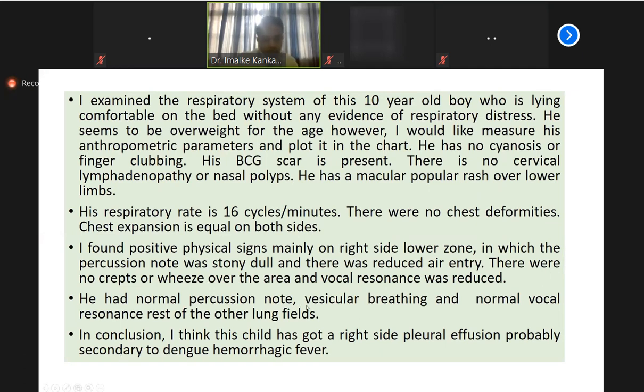He had normal percussion note, vesicular breathing, and normal vocal resonance in all other lung fields. In conclusion, I think this child has got a right side pleural effusion, probably secondary to dengue hemorrhagic fever, because he has got a maculopapular rash and a few finger prick marks suggestive of PCVs, right?